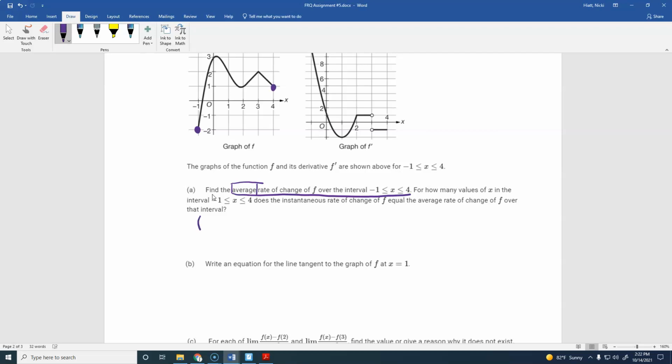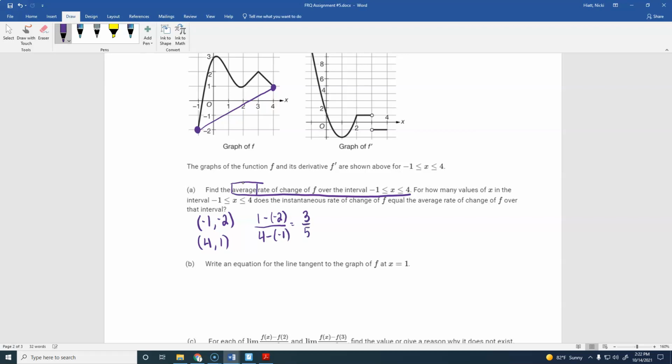So we've got the point (-1, -2) and (4, 1), and we want the slope of that line. You can do the slope formula, or you can count it from the graph. So you've got 1 minus -2 over 4 minus -1, which is going to give you 3/5.